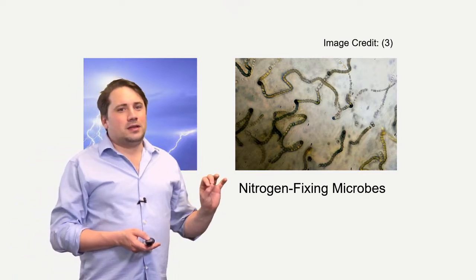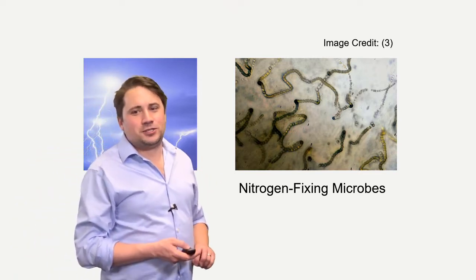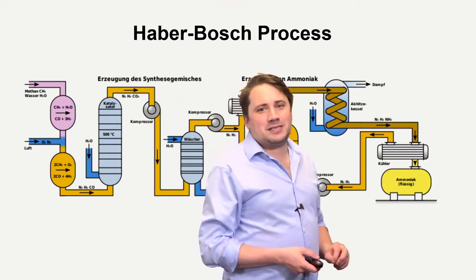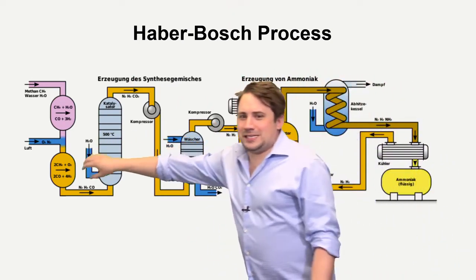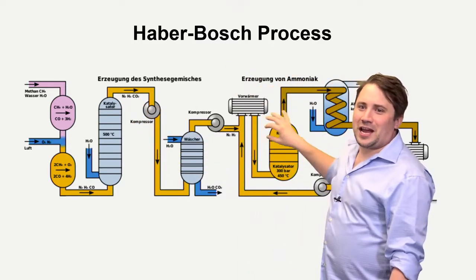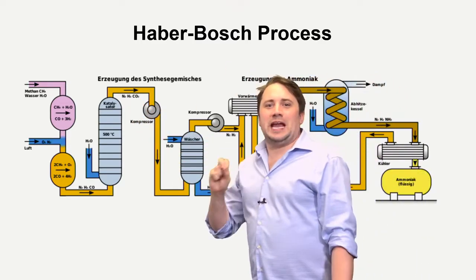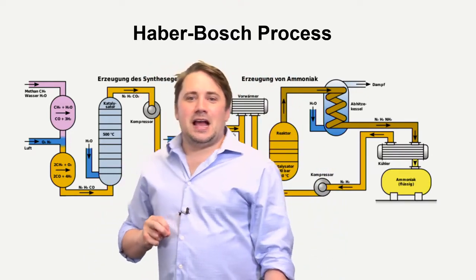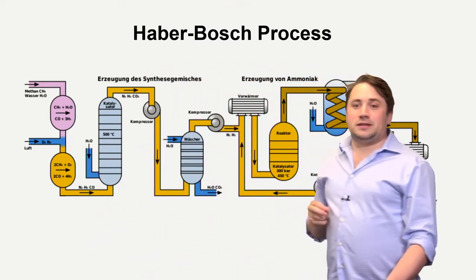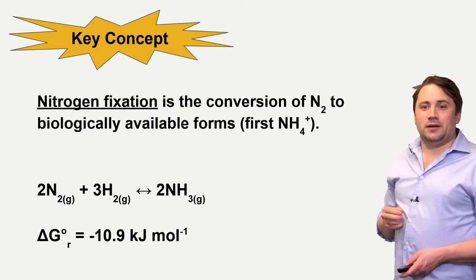Then, 100 years ago, everything changed. Two German chemists, Haber and Bosch, figured out a crazy, convoluted Rube Goldberg-esque process to create fixed nitrogen from nitrogen gas. And this reaction just involves the same reaction that's occurring here.